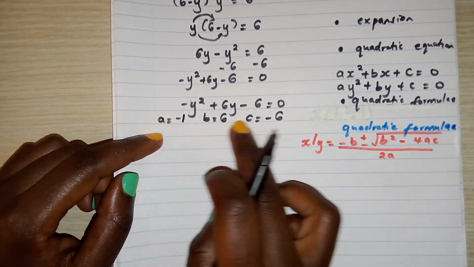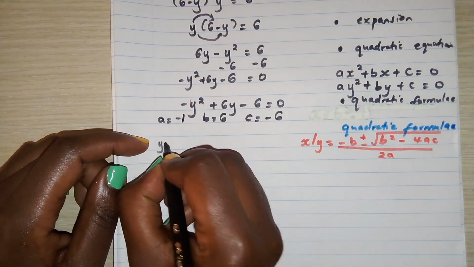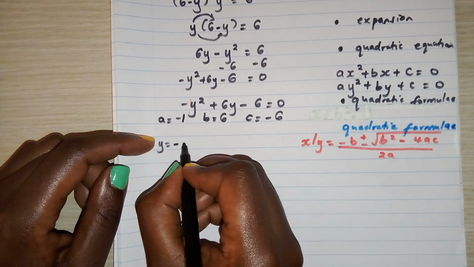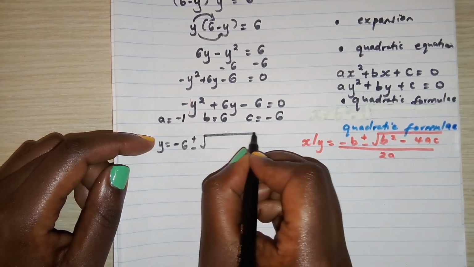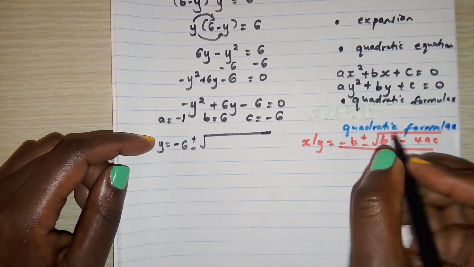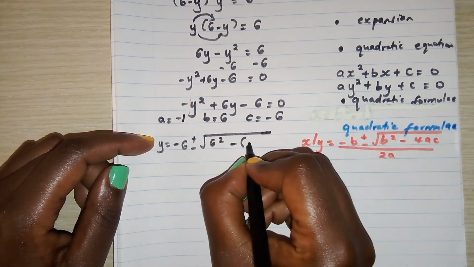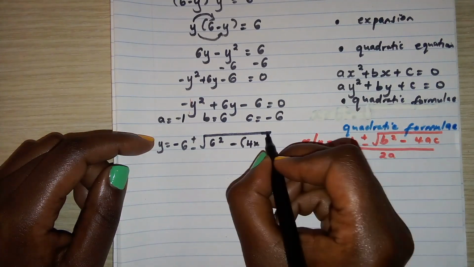Now we substitute these values in this equation. So y equals negative b, which is negative 6, plus or minus the square root of b squared, which is 6 squared, minus 4 times a times c.